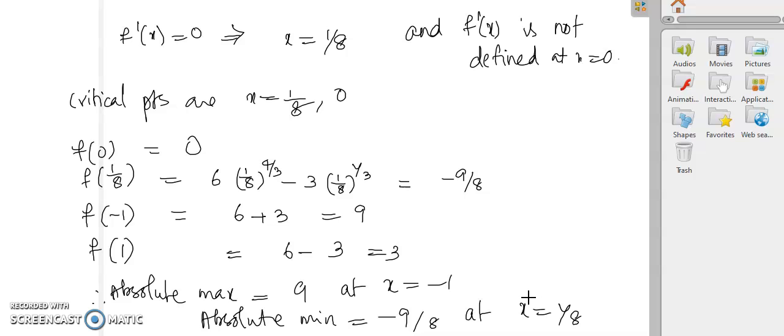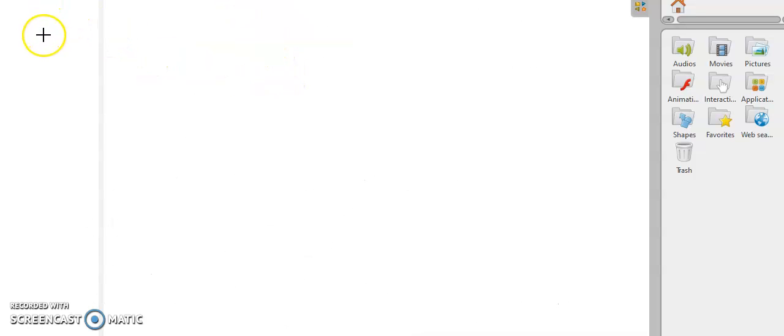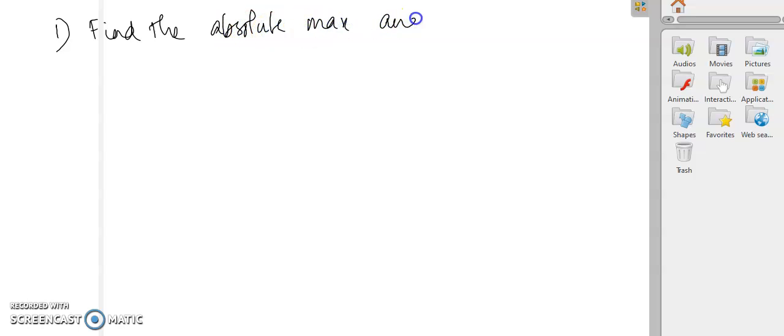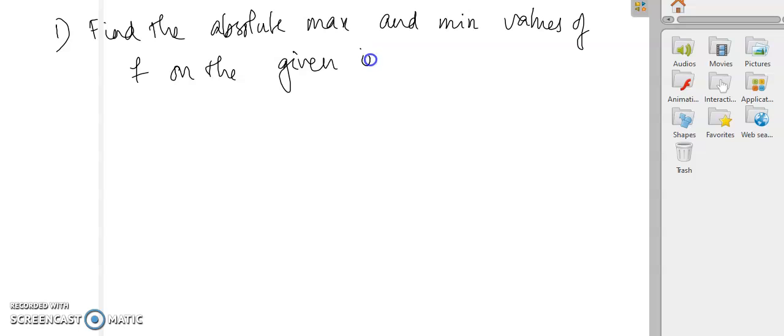And now I want you to do these problems also. Find the absolute maximum and minimum values of f on the given intervals.